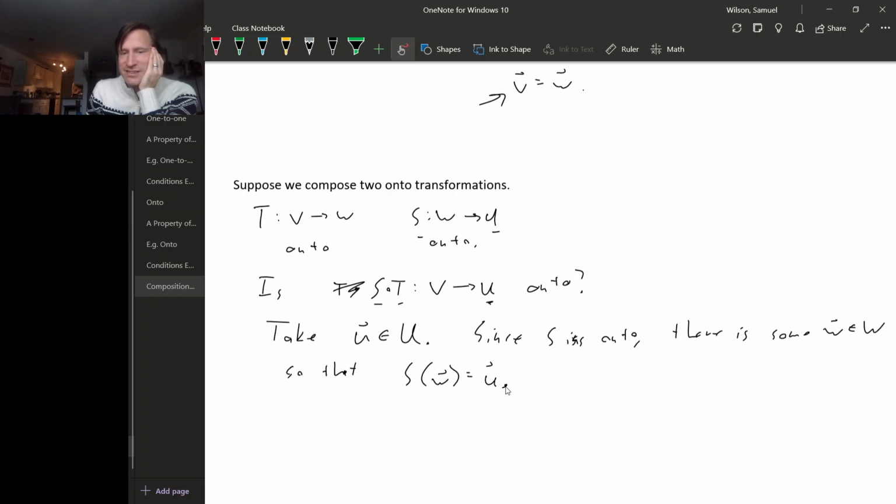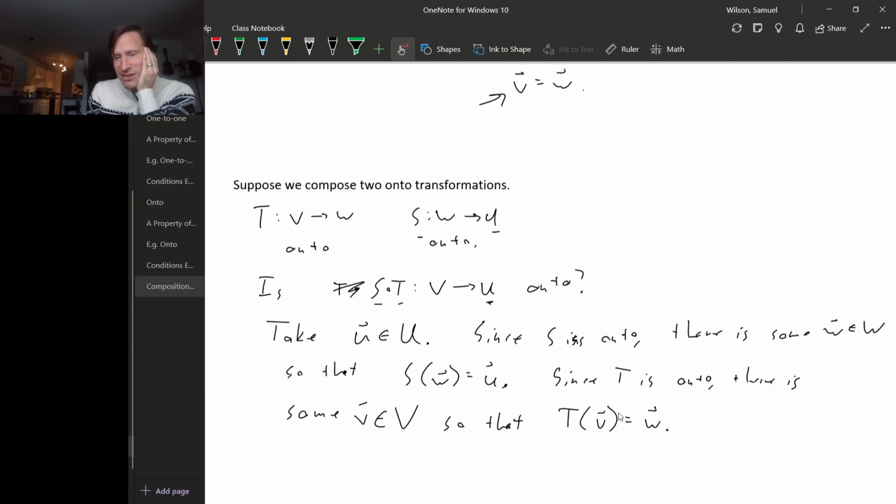This is because S is onto. But w, little w, is in capital W. So since T is onto, there is some vector little v in capital V so that T applied to little v is w, right? Because T is onto.